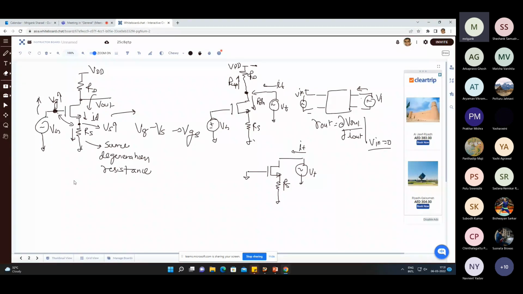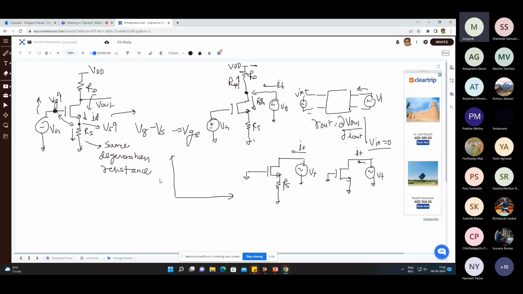Conceptually, what is happening as I try to increase VT? If you did not have RS, with the source grounded and the gate also at AC ground, and you apply VT directly over here, then this appears simply as VDS.